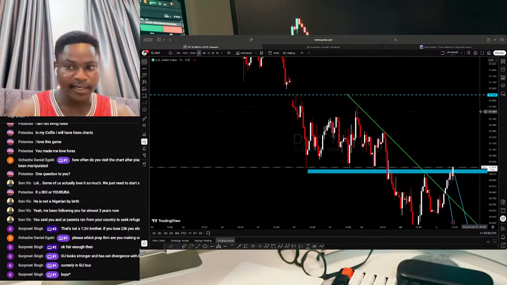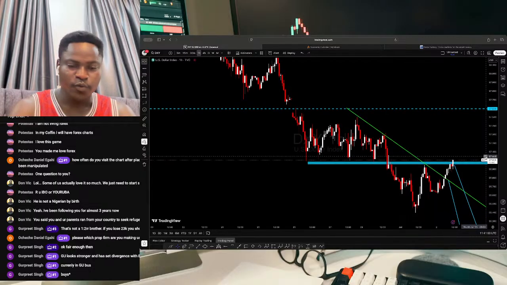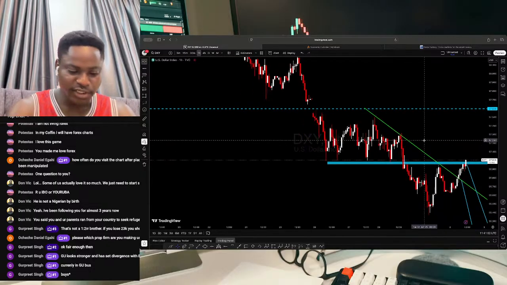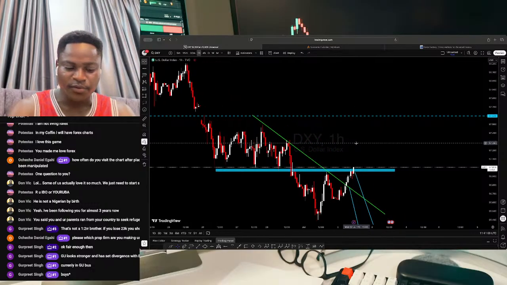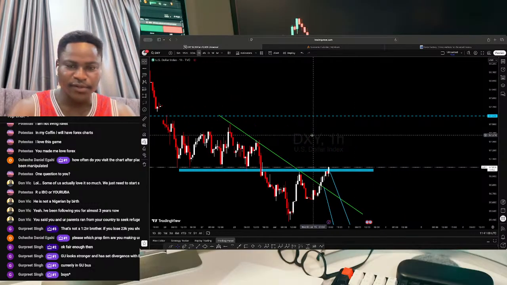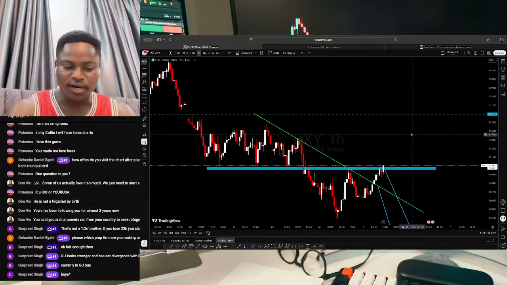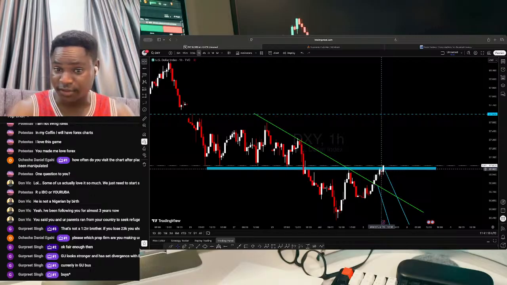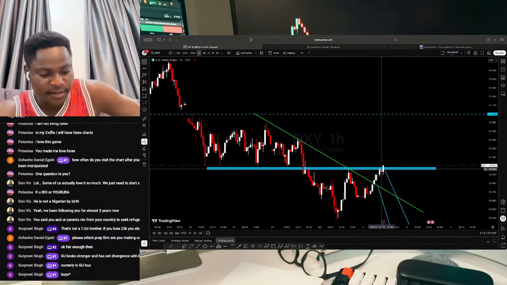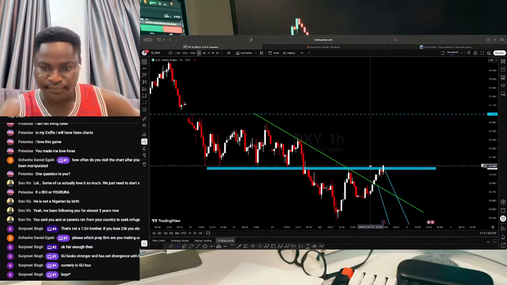Things are getting interesting, guys. We might see a change of structure very soon. All right. So DXY is trying to push to the upside. That's why you see Euro USD pushing down right now. So let's see what happens.